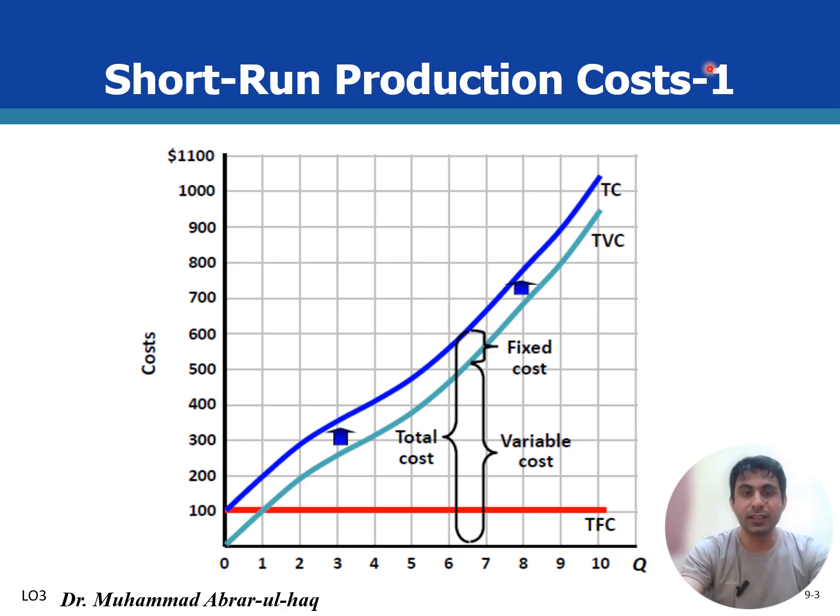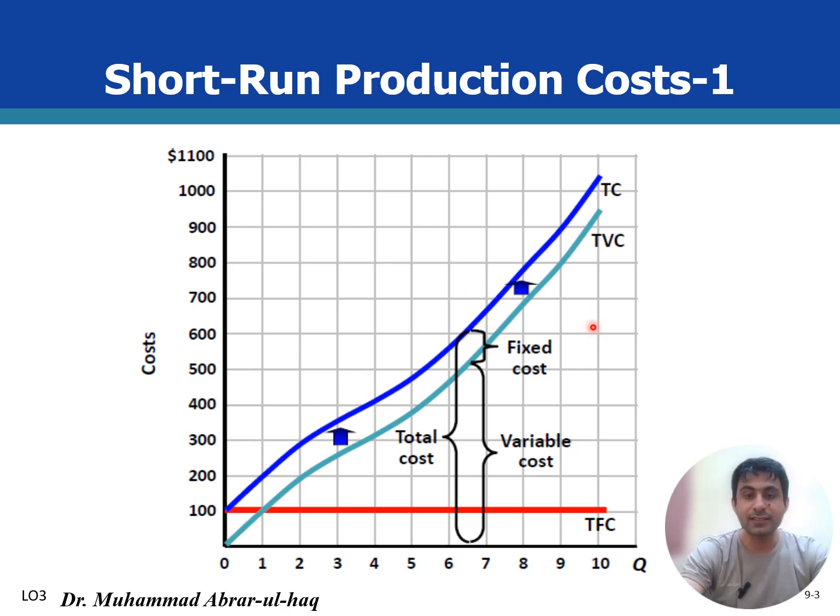So graphically, the total cost and the total variable cost are represented as parallel curves on the cost output diagram, reflecting how the total cost increases with production while the total variable cost contributes to this increase proportionately to the output, while the total fixed cost remains constant.